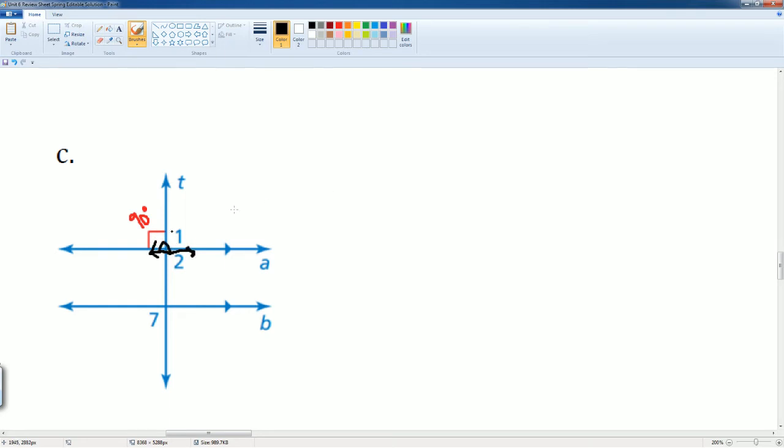So that means that 90 plus angle 1 is equal to 180 degrees. If I subtract 90 from both sides, this cancels, and I get angle 1 is equal to 90 degrees. Excellent job. So we see that angle 1 is 90 degrees.